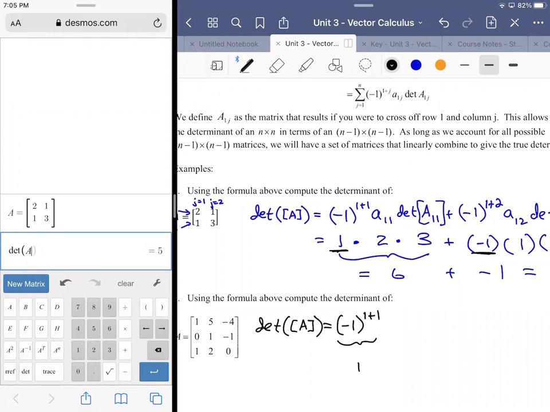All right. A sub 1, 1. I mean, if we're working across the top, which this formula is calling for us to do, would tell us that this entry is going to be a 1. And then the remainder of it is going to be based off of whatever you would get if you eliminated row 1 and column 1, which is going to be 1, 2, -1, 0.